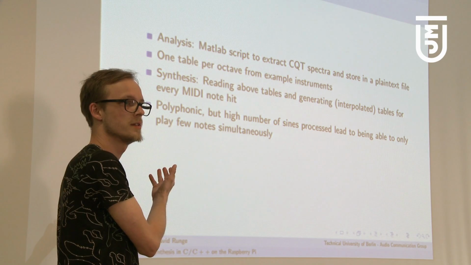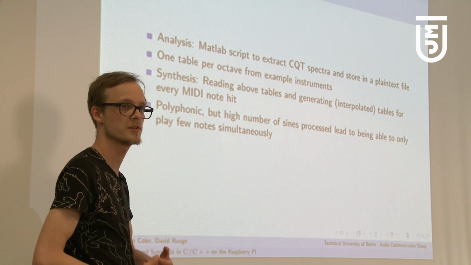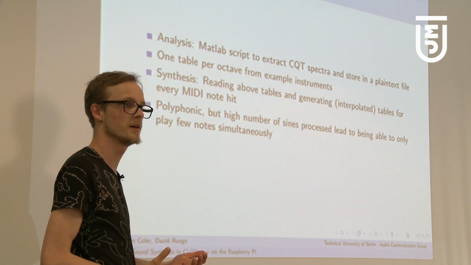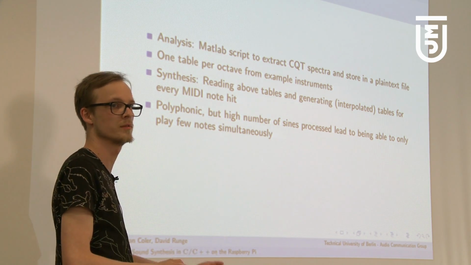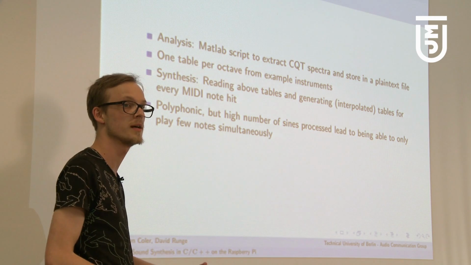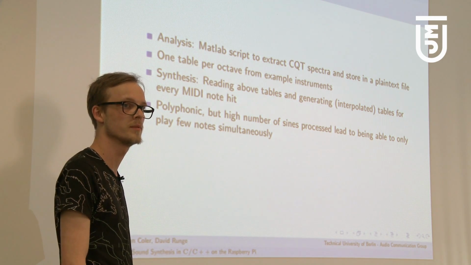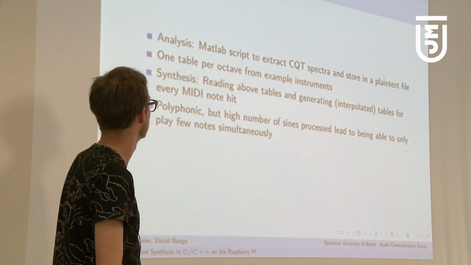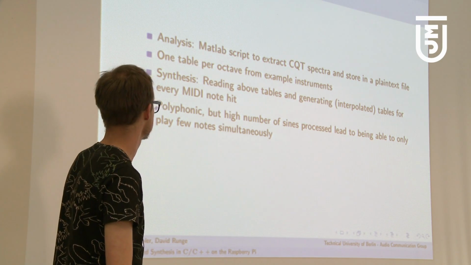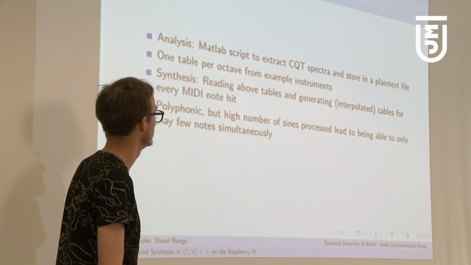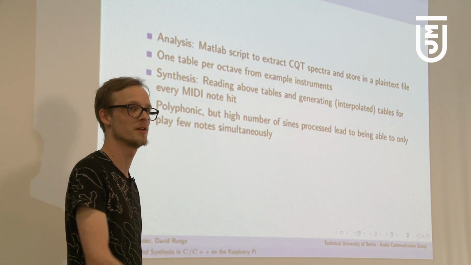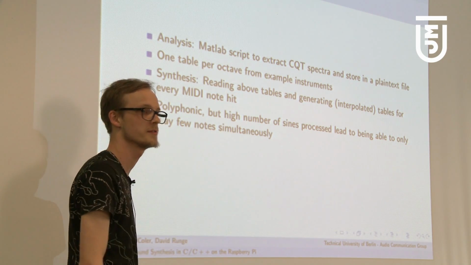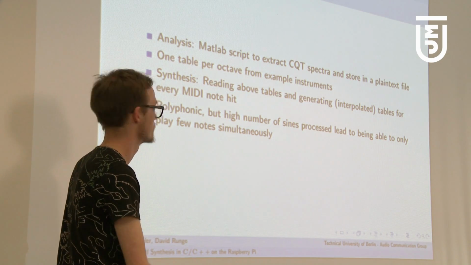They, for instance, ran into big problems actually getting sufficient I/O out of the Raspberry Pi, because they had to load a lot of tables into RAM to use them later on with the MIDI. Which also leads to it not being able to do too many notes at the same time, because you generate a lot of sinusoids from just pressing one button.